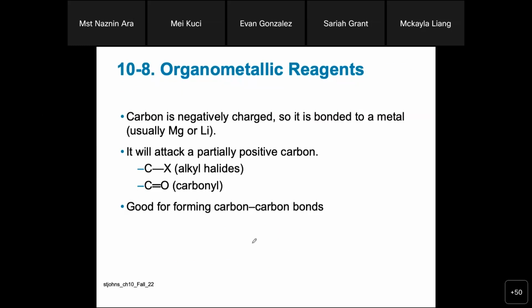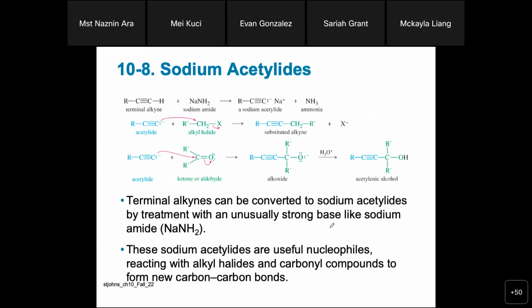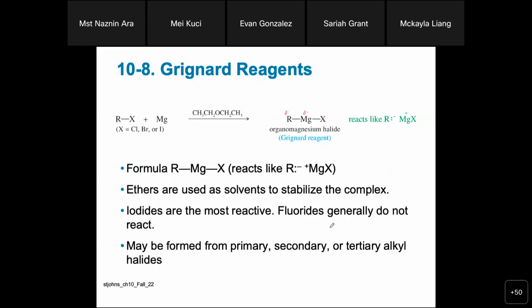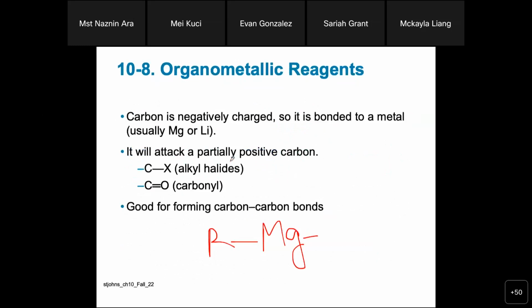This is called the Grignard reagent. We write it as R, metal and halide. Yes, this is the general formula of the Grignard reagent, but let's start from the introduction.